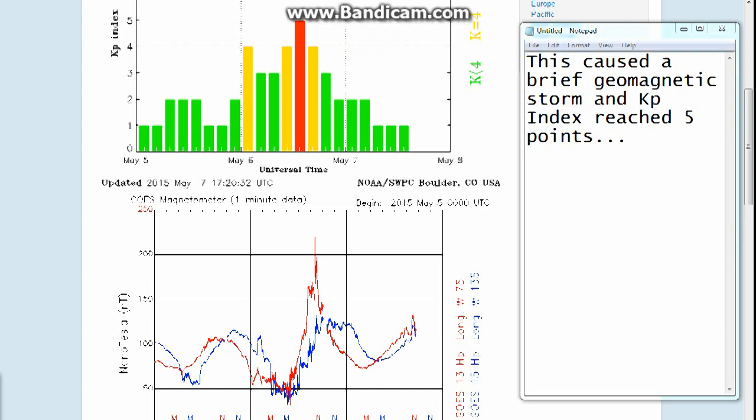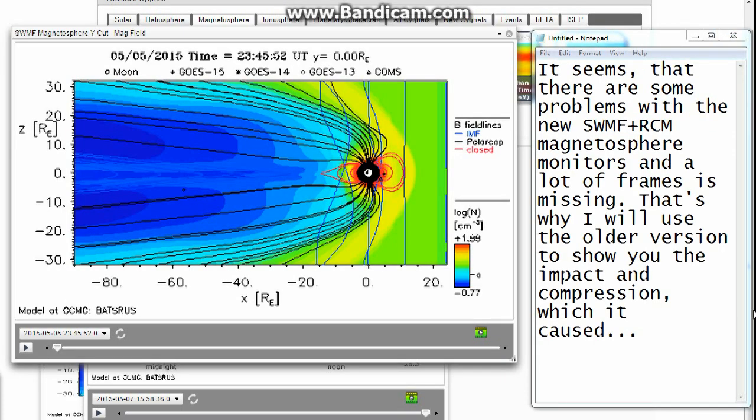This caused a brief geomagnetic storm and Kp index reached 5 points. It seems that there are some problems with the new SWMF plus RCM magnetosphere monitors and a lot of frames is missing. That's why I will use the older version to show you the impact and compression which it caused.